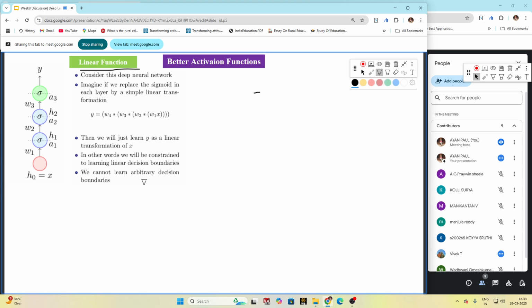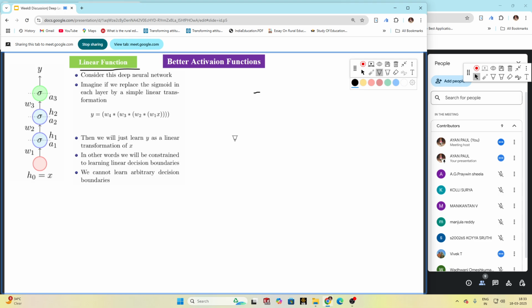Now what this linear function means is we will just learn a linear decision boundary. That means the linear function can work only when our points can be linearly separated by a line, like we have seen in the case of the perceptron or McCulloch-Pitts. In all of this, we can use the linear function only when the data points can be linearly separated.